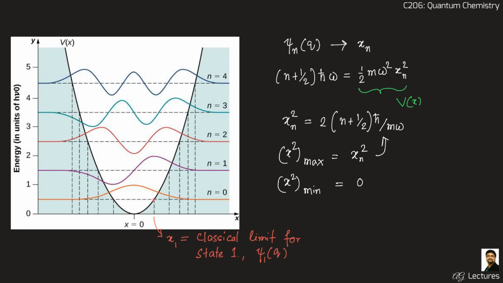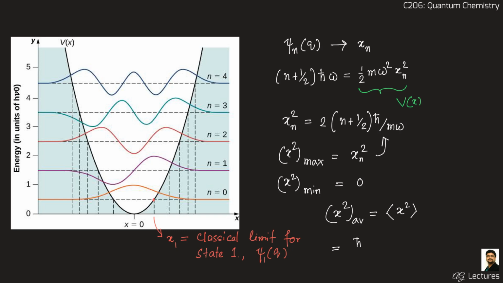Therefore the x square average is just the average of these two, which is half of this value, because one is 0 and the other is xn square. So the 2 will be dropped, and it will come as n plus half h cross over m omega, which is exactly what we got from the quantum mechanical way.